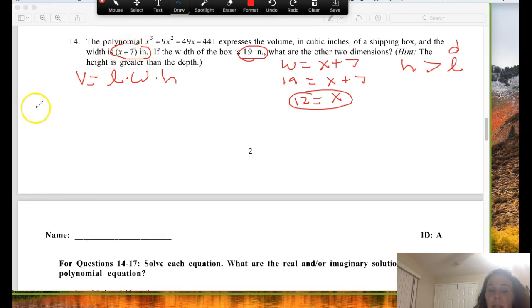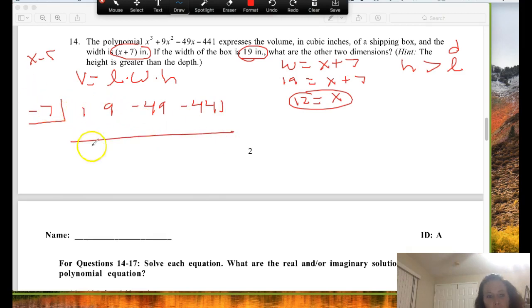If it's plus 7, I put a minus 7 here when I do synthetic division, because it's always x minus r. So it's the opposite of whatever that is. Then I take my terms, making sure to plot any zeros that I'm missing, but I'm not. So my constant here is 1. My constant here is 9. My constant here is negative 49. And my constant here is, oh, it's just a constant, negative 441.